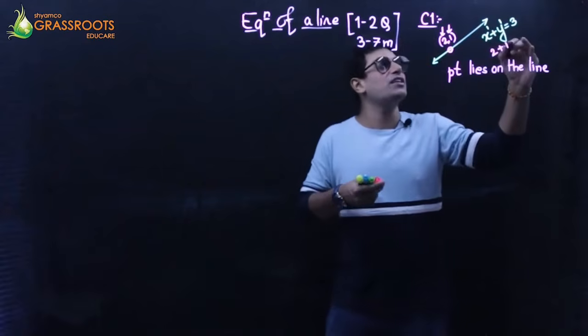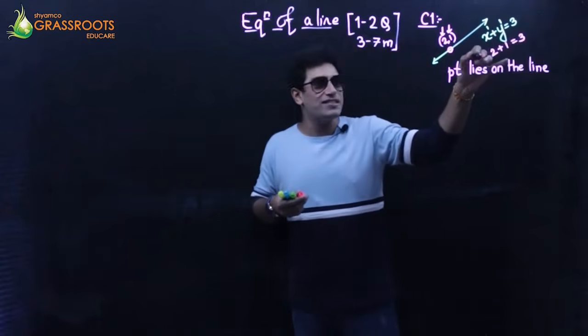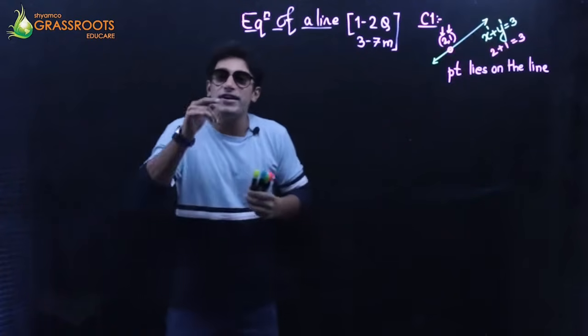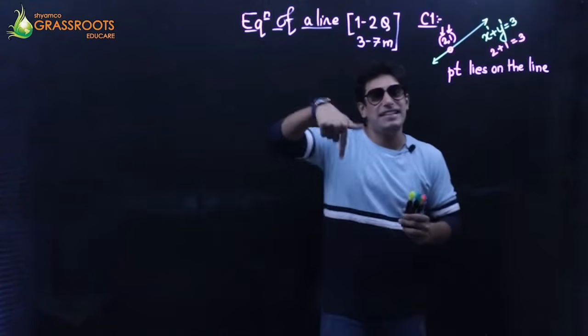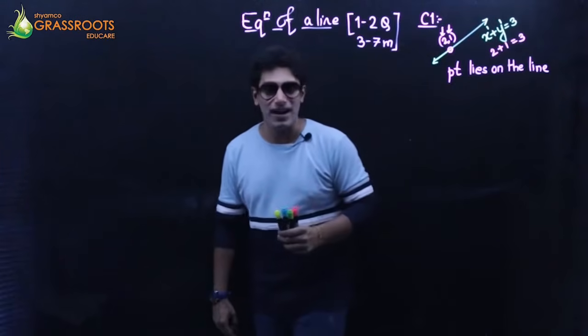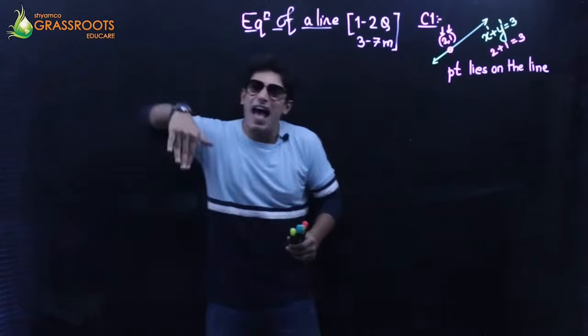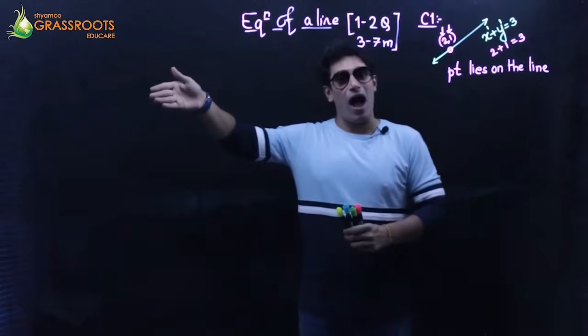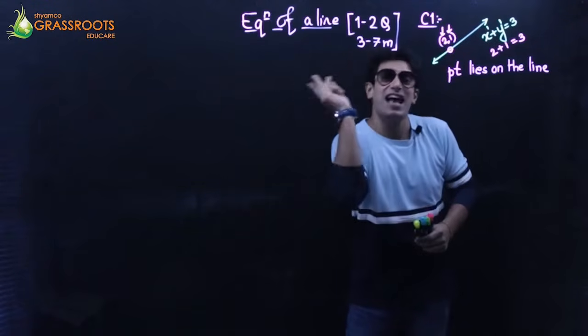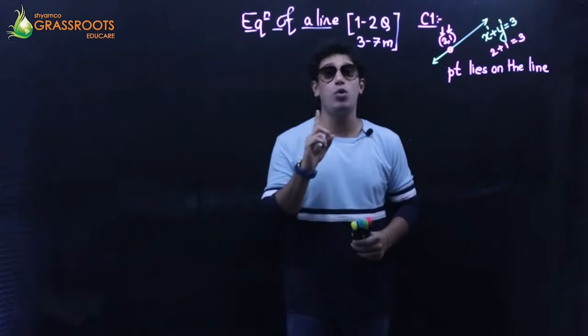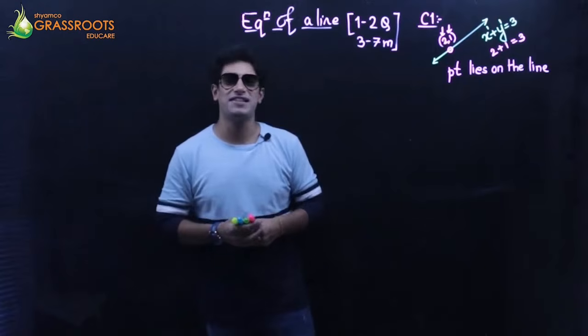Isn't 2 plus 1 equal to 3? Isn't the LHS answer equal to the value of the RHS? That means the point lies on the line. It satisfies the equation of the line. So if you substitute the values of x and y in the LHS, the answer should be equal to the RHS. That is concept number 1 in my first exercise.